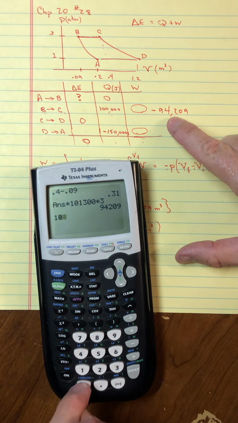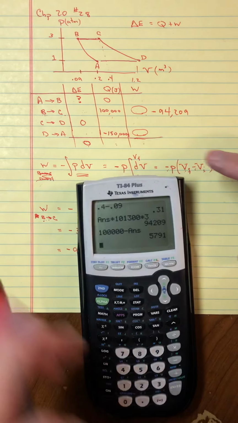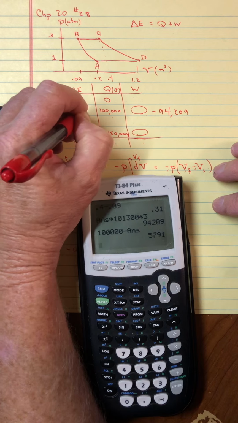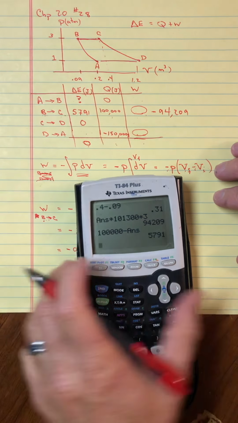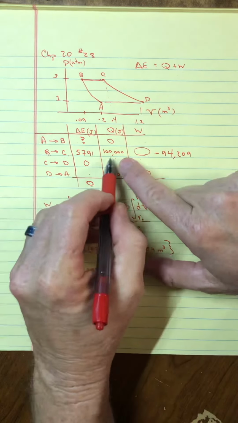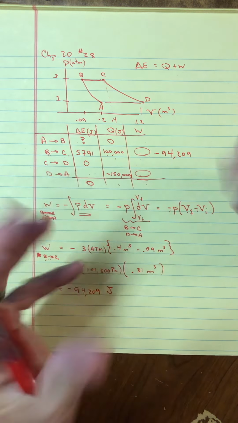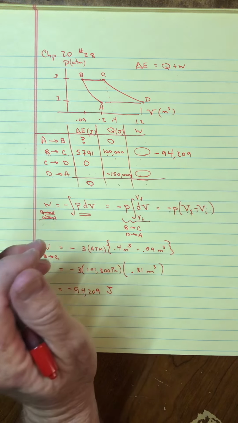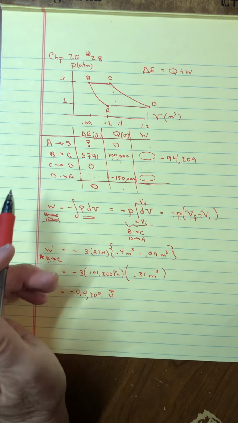And so if I take 103,000 and subtract that last answer, there is a net gain of only 5,791 joules during the B to C process. Even though we put a lot of thermal energy into it, the expanding gas is where most of that energy went, and there then is a small amount of gain of internal thermal energy, and technically a small amount of the temperature going up.